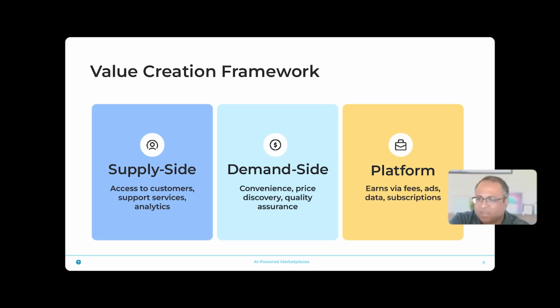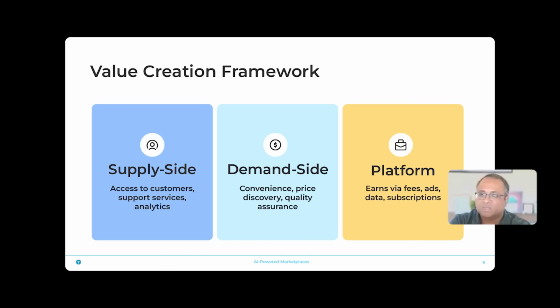So the value creation framework is having the right framework both on the supply and the demand side. And then the platform, you earn via ads, data, subscriptions, or fees. A lot of times I feel founders of two-sided marketplaces spend so much time on figuring out how to earn fees, and there's an opportunity cost of spending that time.